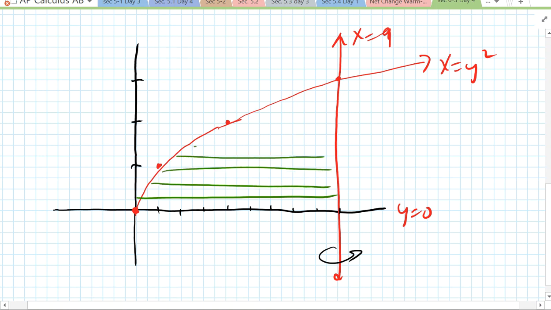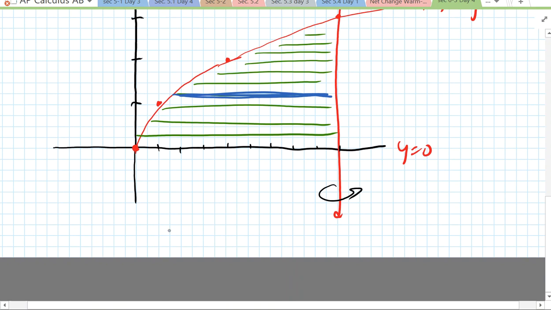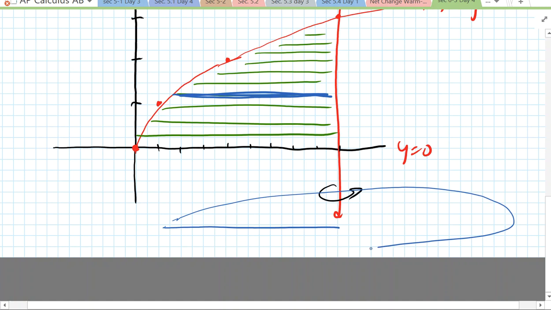This is the region, right? I'm revolving this region. Does this region touch the axis of rotation everywhere? Do y'all see that? Let's draw a typical cross section. We're going to do this one right here. This is going to be our big one right here. If we do this, we come down here and we draw it in. Does that mean I have a disk? My big R is with respect to y. There is no gap.